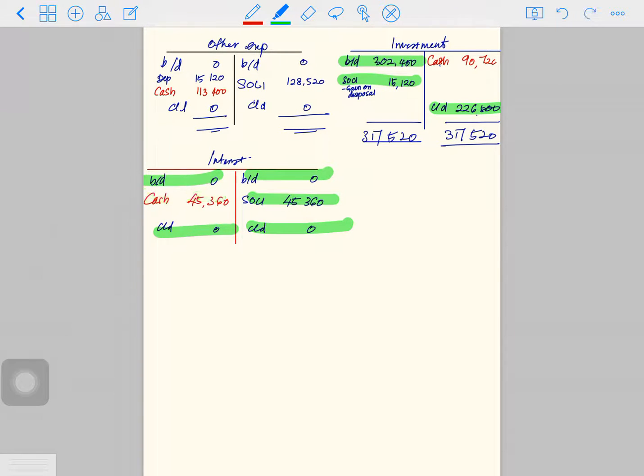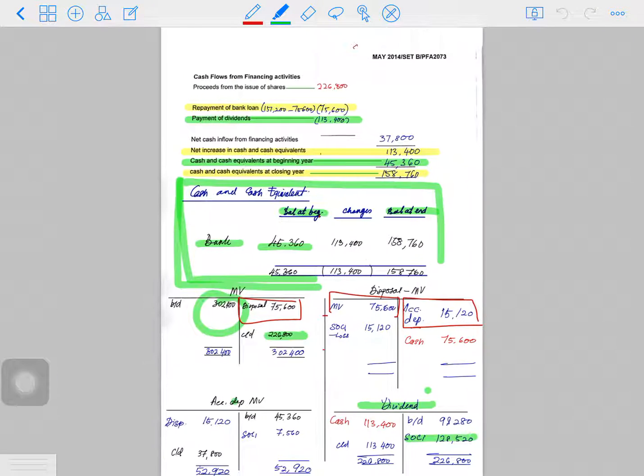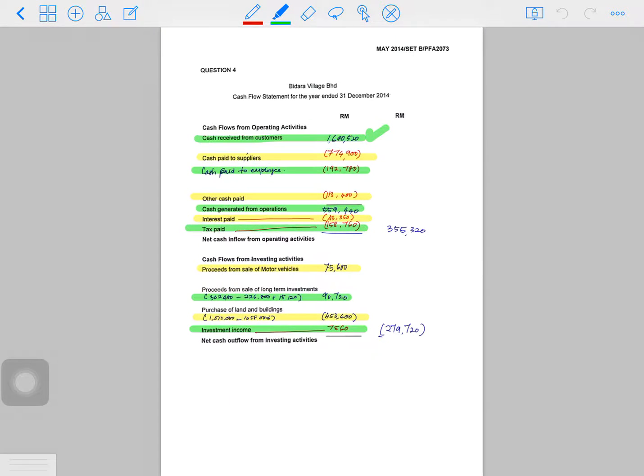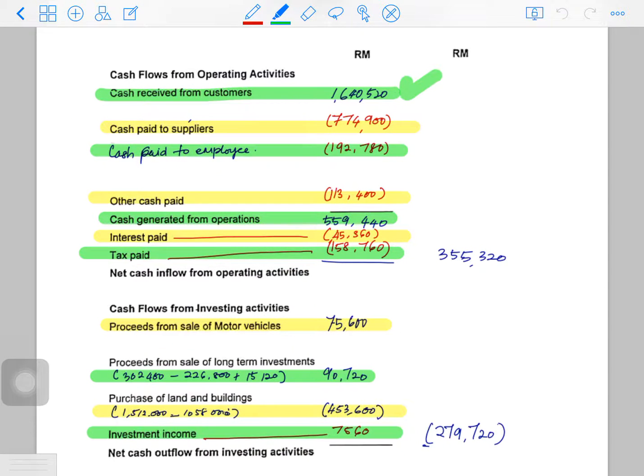So interest paid kita masuk dalam mana? Dalam interest paid, boleh masuk dalam operating pun boleh, ataupun dalam financing pun boleh. Okay, kat sini saya buat dalam operating, interest paid operating kan, sebab dia dalam SOCI. Dalam SOCI maknanya dalam operating activities.